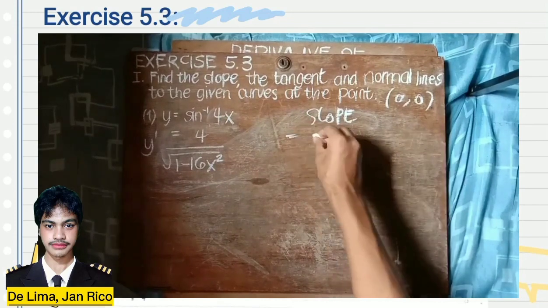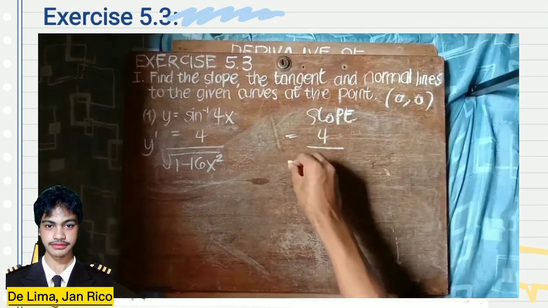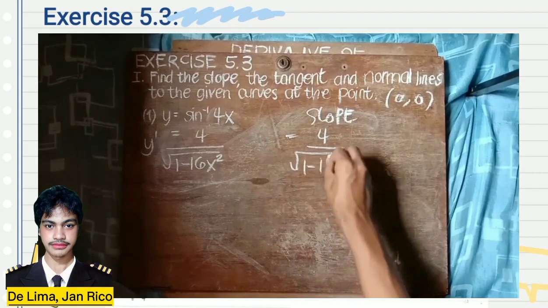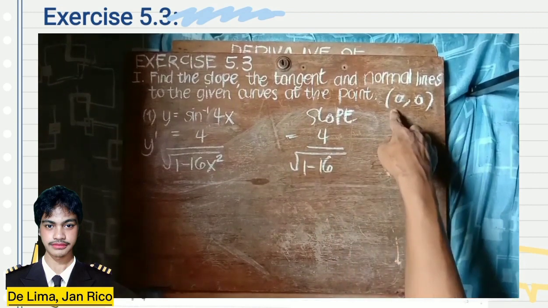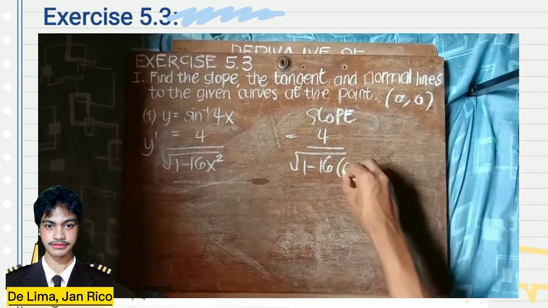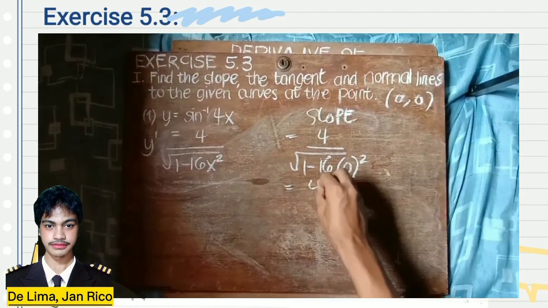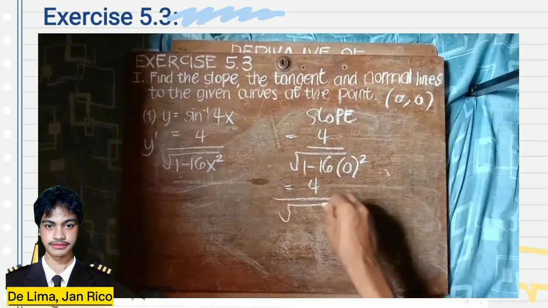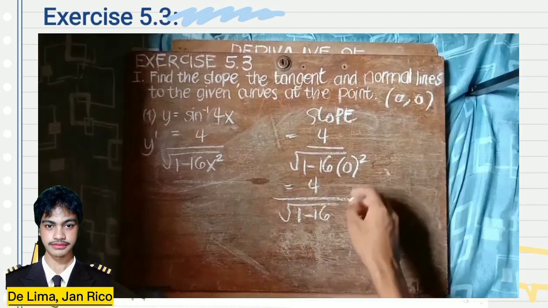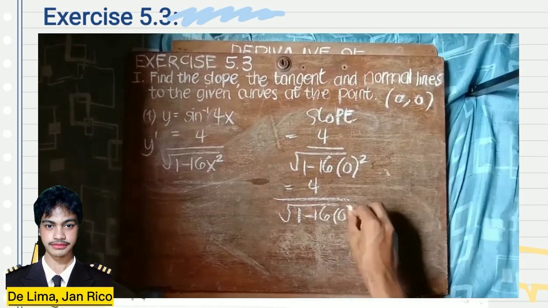So substitute, it is equals to 4 all over the square root of 1 minus 16, and the value of x is equal to 0. So isa-substitute 0 squared. Kasi squared dito. Which would be equal to 4 all over the square root of 1 minus 16, and 0 squared is equal to 0.